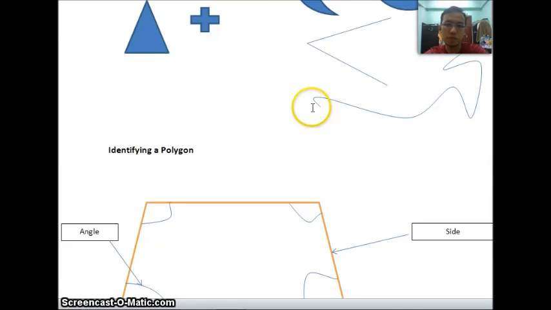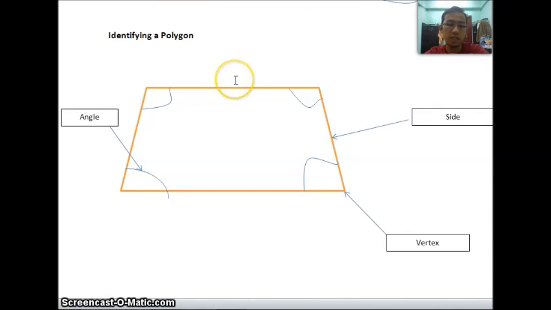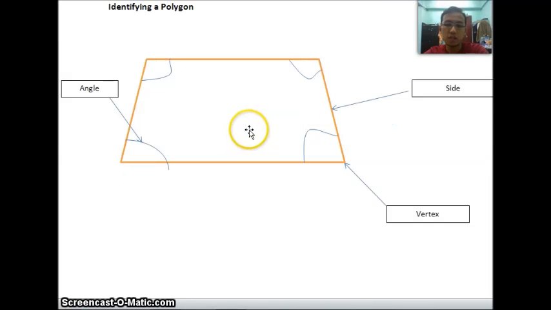The next part I will be explaining is identifying a polygon. The 3 things that we should know about a polygon are that it has sides, vertices, and angles.